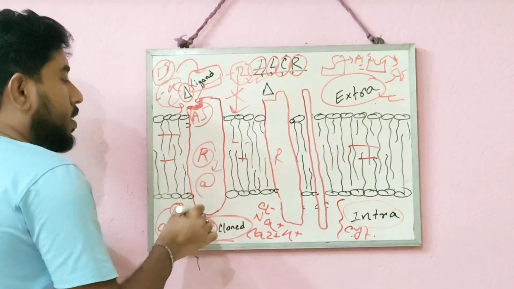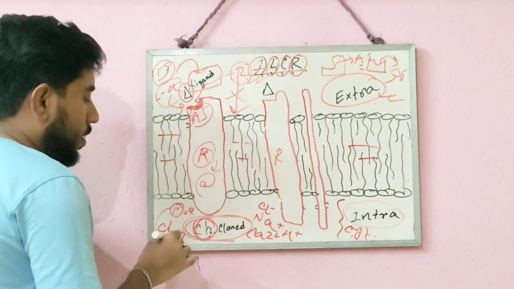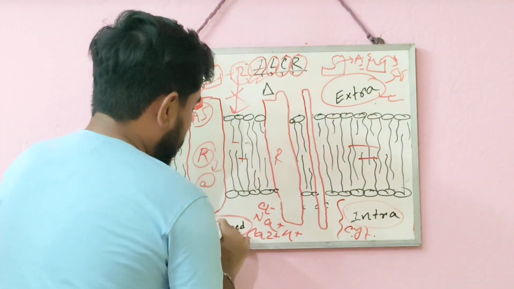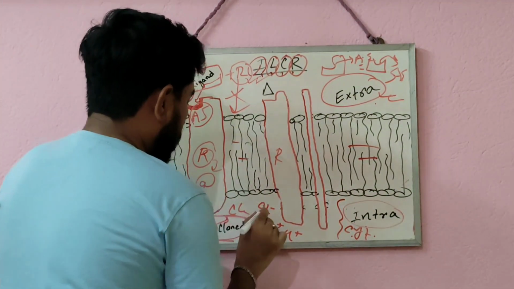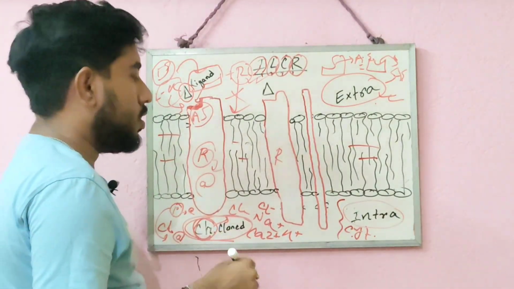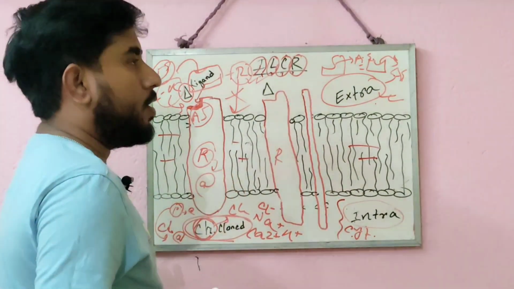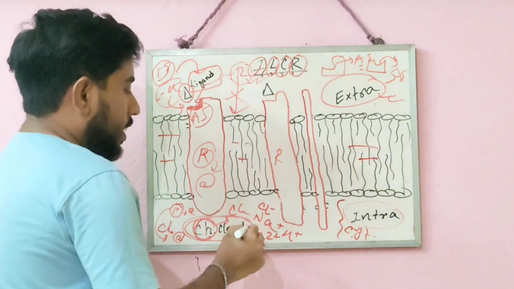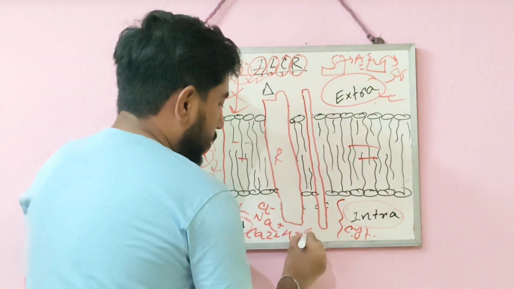That leads to the activation of the receptor, and the activation of the protein and receptor leads to the opening of channels. So whenever the protein changes its configuration and is activated and the receptor is activated, the ion channels are going to open.